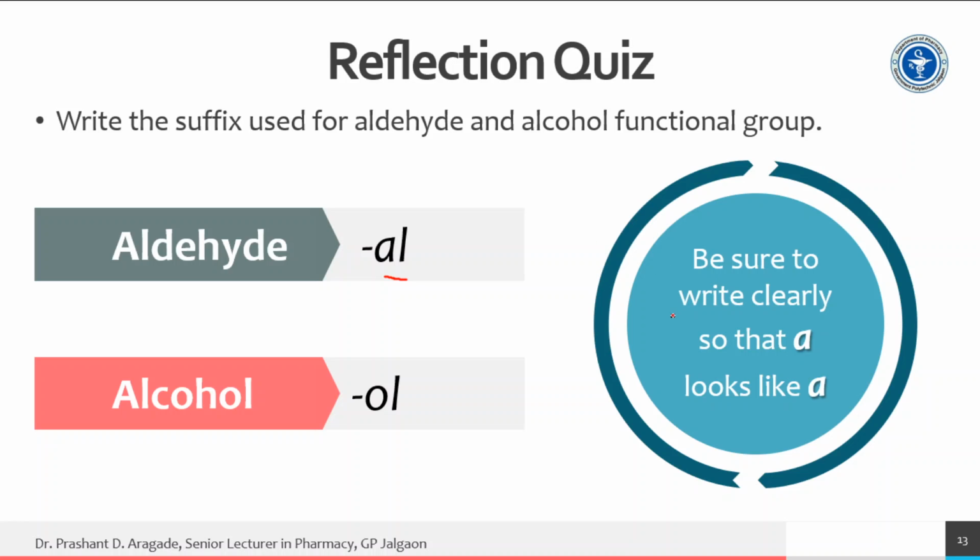So be sure to write clearly so that your A looks like A. Most of the students are very sloppy in writing A and O. Sometimes due to sloppy writing, their A looks like O. If the A looks like O, the functional group gets changed. So remember that while writing IUPAC nomenclature, your A should look like A and O should look like O.